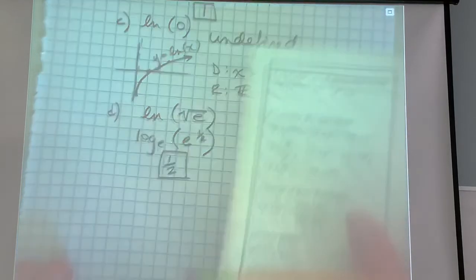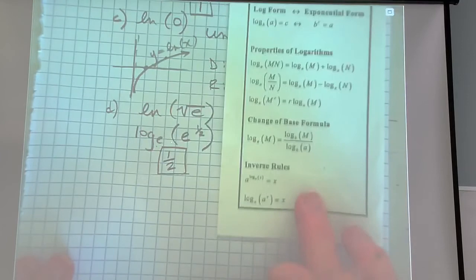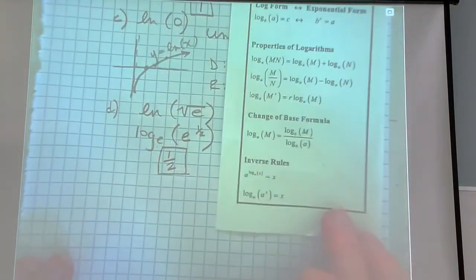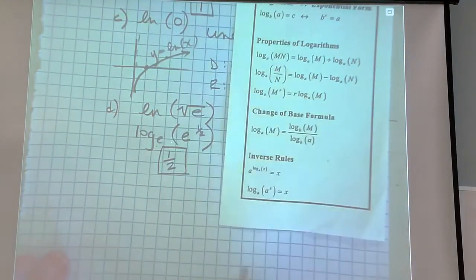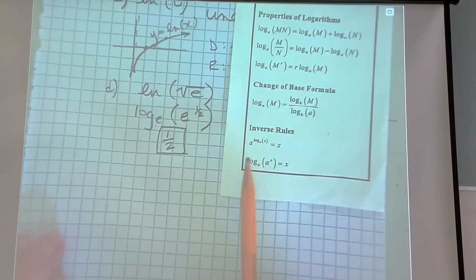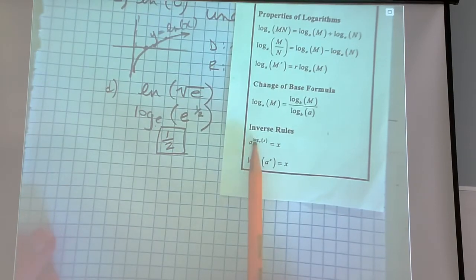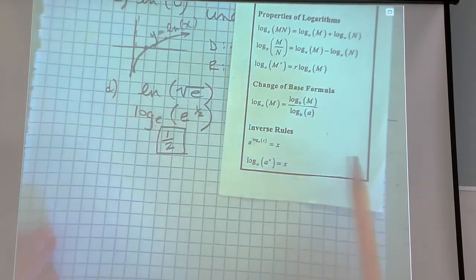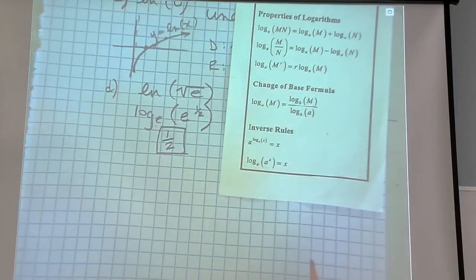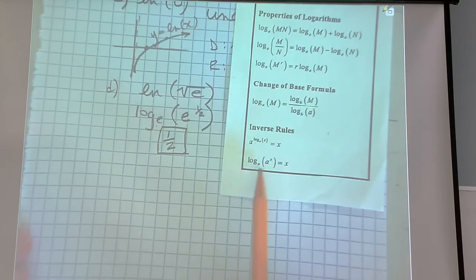And again, these little properties, these rules, are helpful, especially for these next couple. What if I had a raised to whatever you'd have to raise a to get x? That would give you x. What if you had log base a of a to the x?